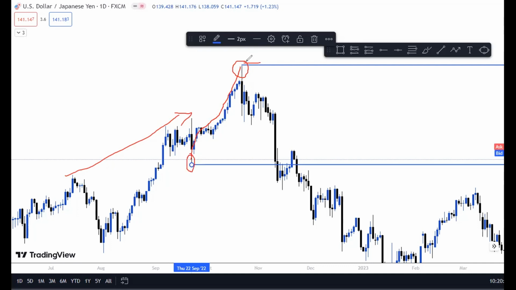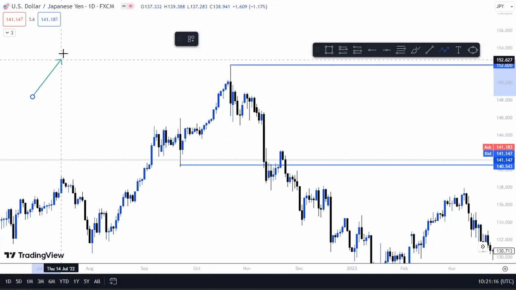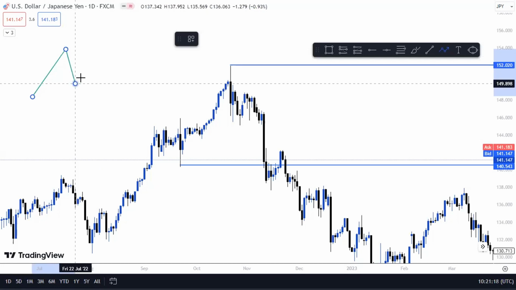As we all know, the market does not move in a straight line. No, it doesn't happen like that. Markets move in ups and downs. Markets move like this.